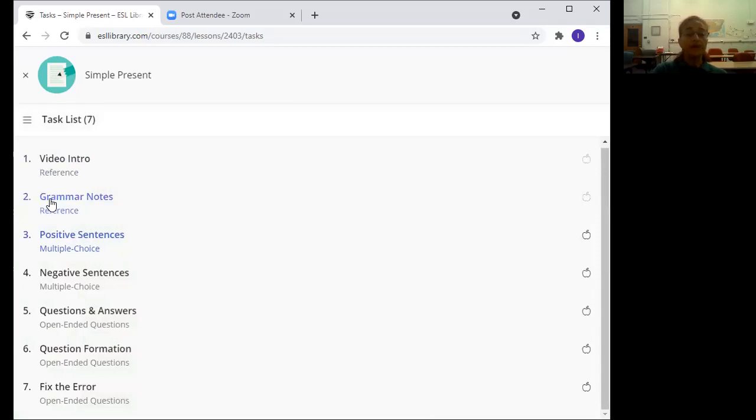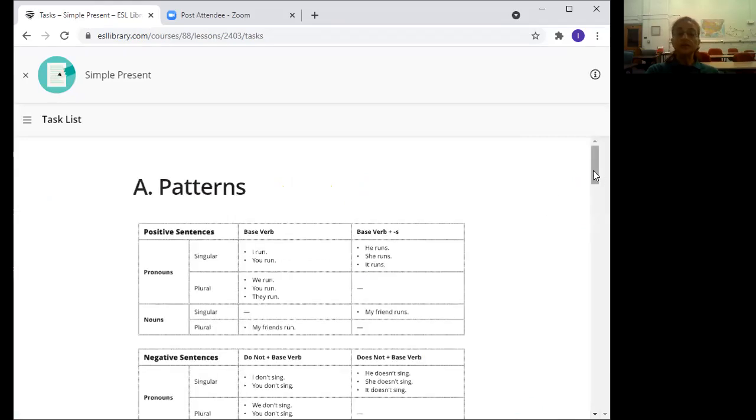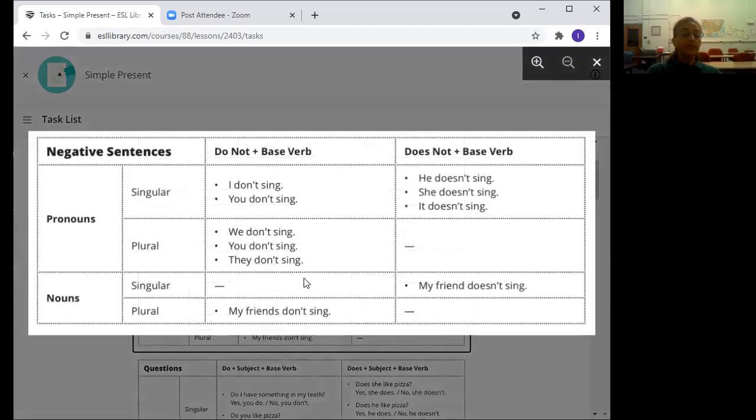I'm going to go back to our grammar notes because next we want to talk about negative sentences. How do we form negative sentences in the simple present tense? Let's take a look. Simple present tense typically has one verb, one word for the verb.